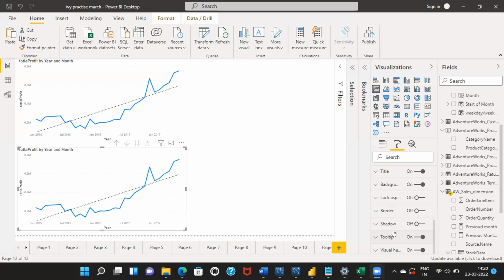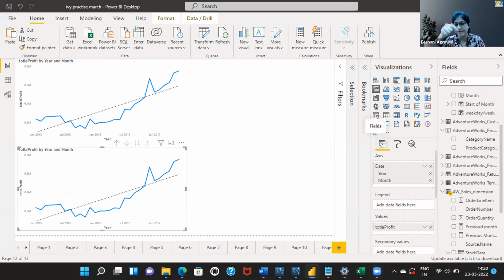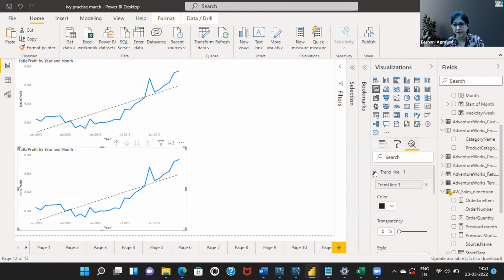Shikhar, are you sharing? Yes, Shani. Are you able to see my screen? Yes, you have to click on the analytics one. The kind of a lens, the third one to the right, yes. And go down, scroll down, forecast. So click here, scroll down and click on add.